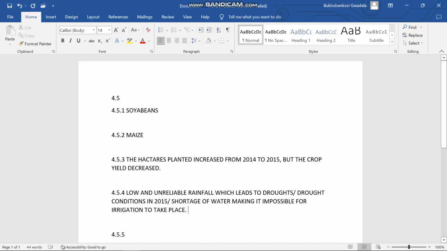So those are the possible reasons why there was a decrease in the crop yield from 2014 to 2015, but there was an increase in hectares between those years. Okay, so those are some of our possible reasons.